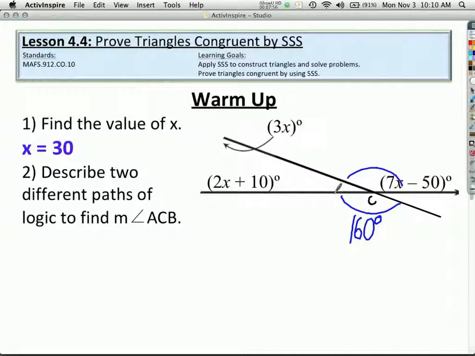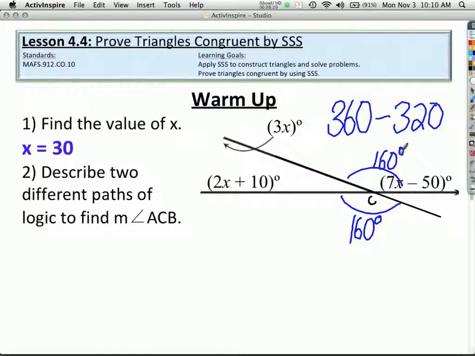Because you say 360 minus what? Minus 320. Okay, where did you get the 320 from? You add the 160s. Okay, so you added the 160, got 320. So now how much do we have left over? 40, beautiful. And then you did what?